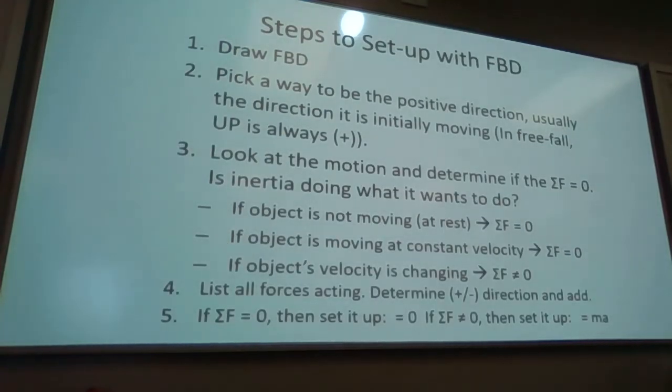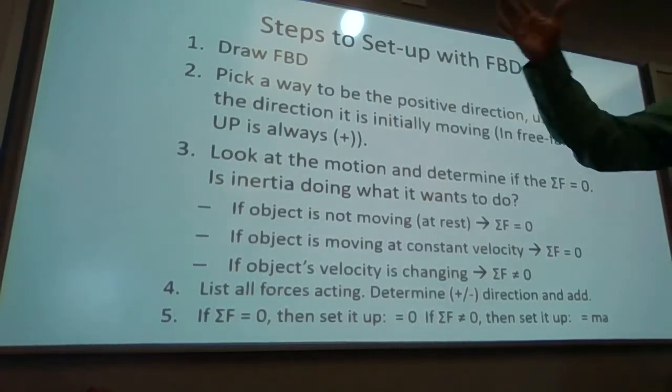So, when you're doing the setup, when you deal with forces, if the problem mentions something with force in it, probably a good idea to do this. Okay? Big picture, you've got two different setup things.